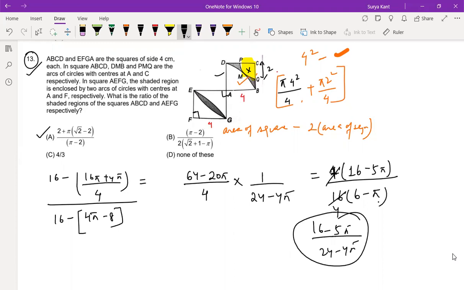Any other question? No, sir, this only. And Chanchal has done all the questions before only, I think. Correct, Chanchal?